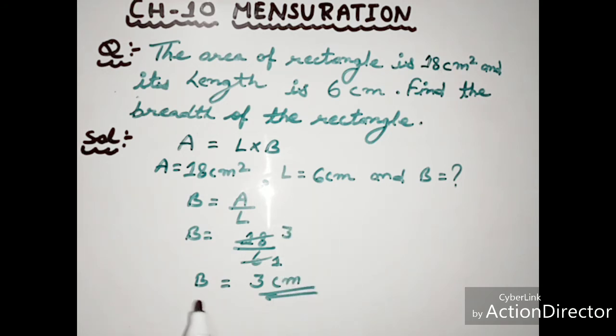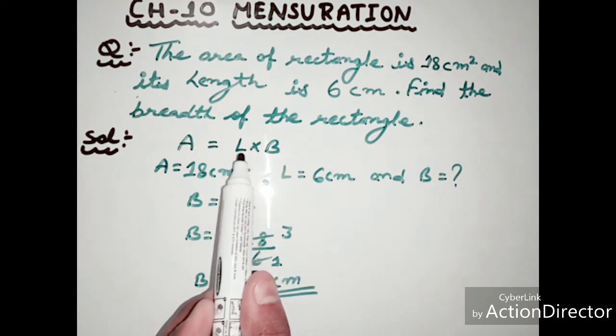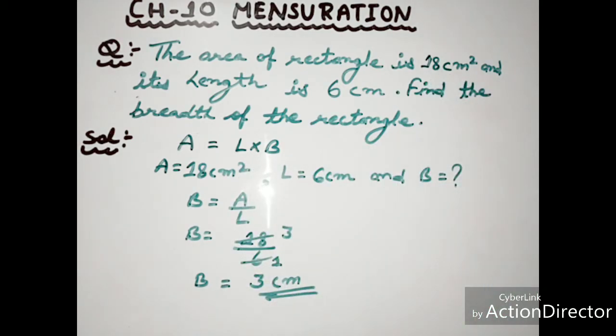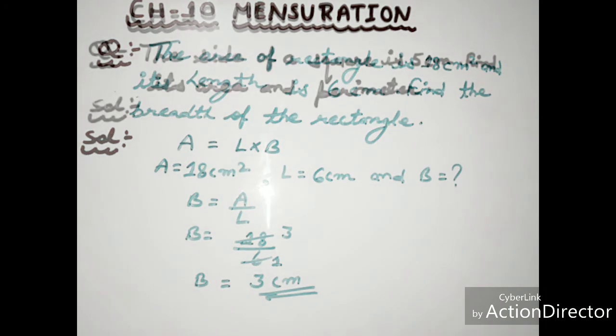L equal to 6 centimeter and B equal to 3 centimeter. If we put the value of L and B in this formula, we get 18 as the area of the rectangle. So the value of B is 3 centimeter.